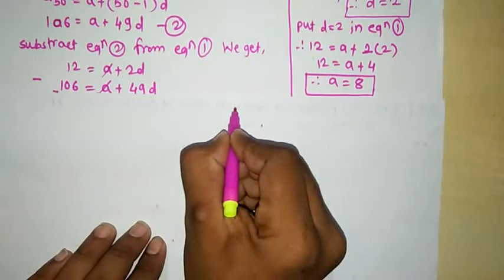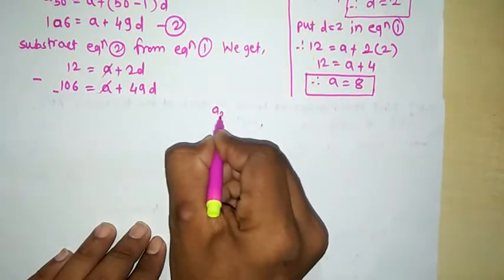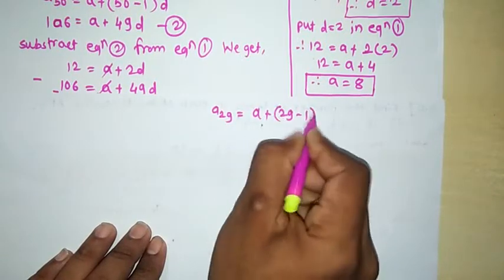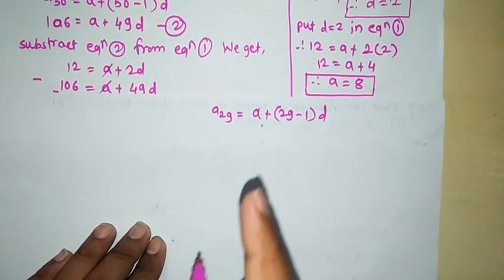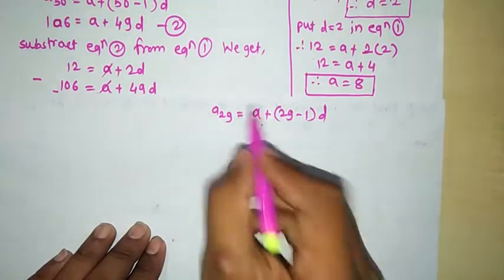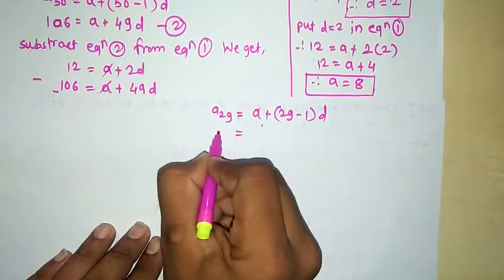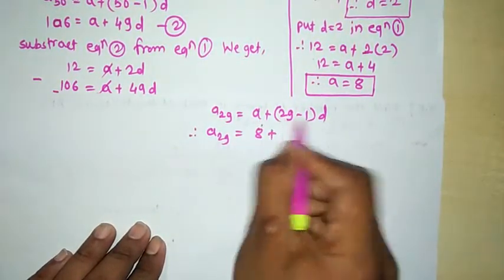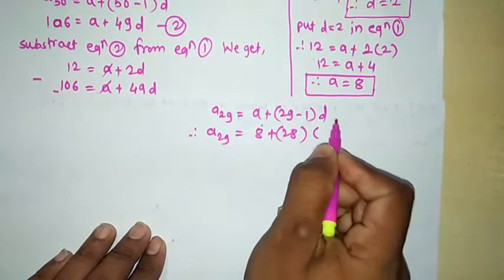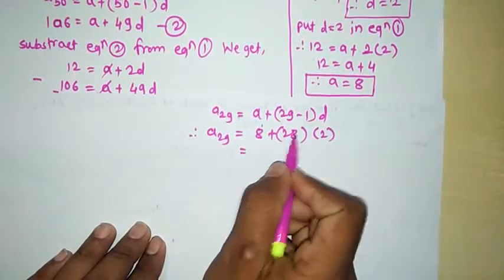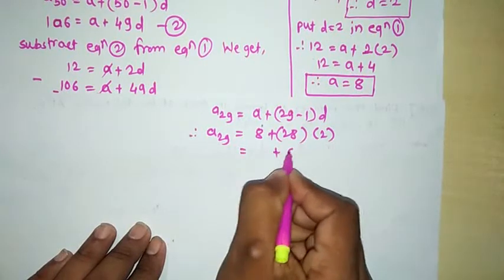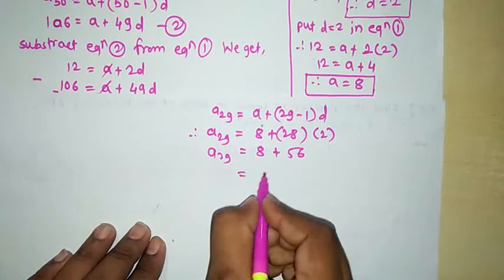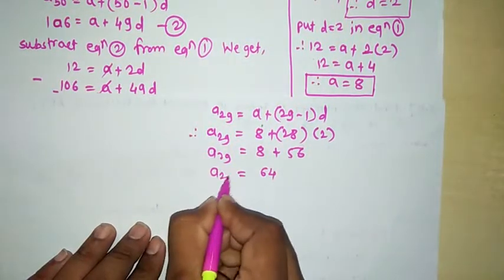Now we have to find a29, that is the 29th term. By using the formula, a29 is equal to a plus 29 minus 1 into d. Putting all the values, a is equal to 8 plus 29 minus 1, which is 28, into d, where d is equal to 2. 28 into 2 is 56, plus 8, that is 64.